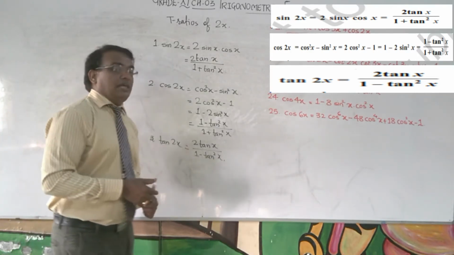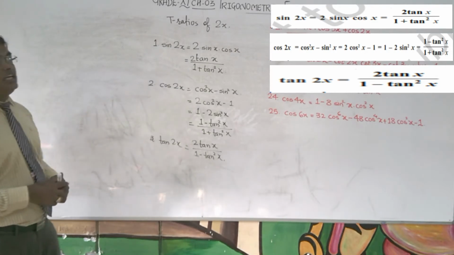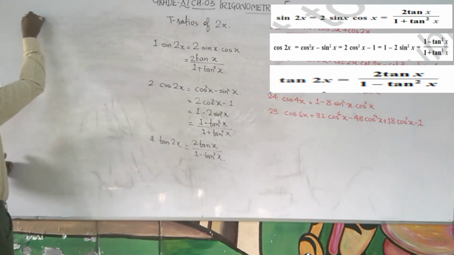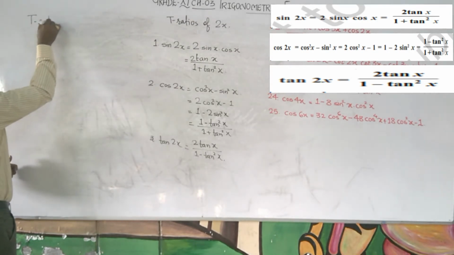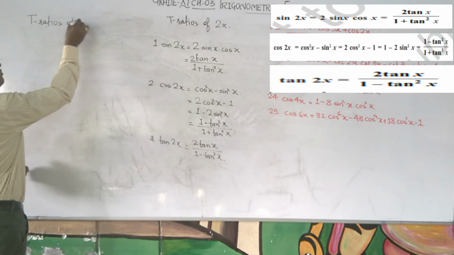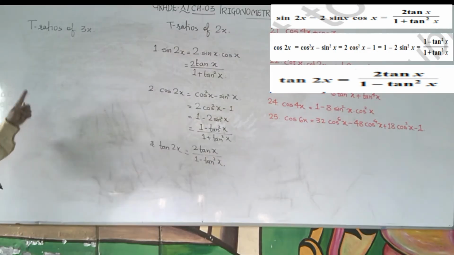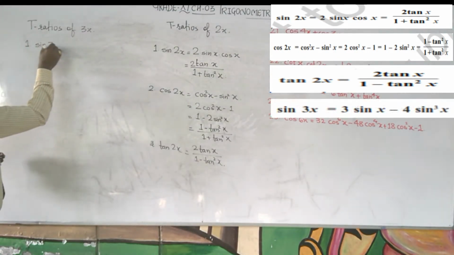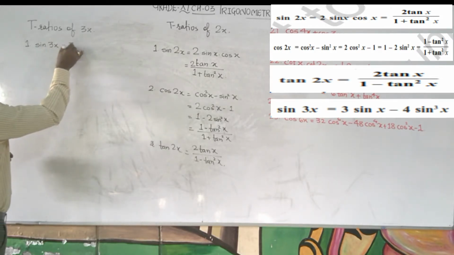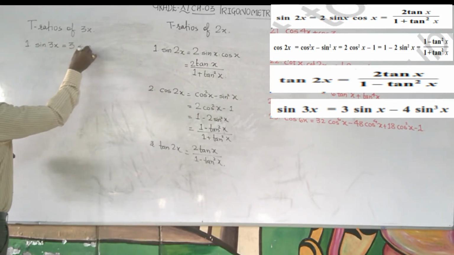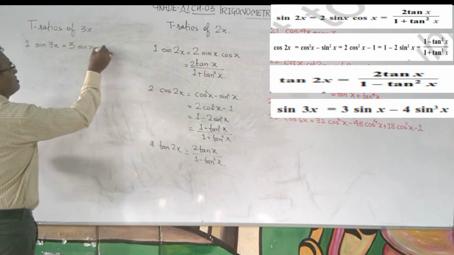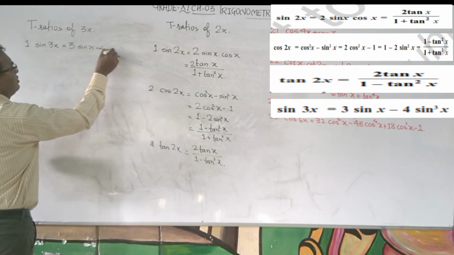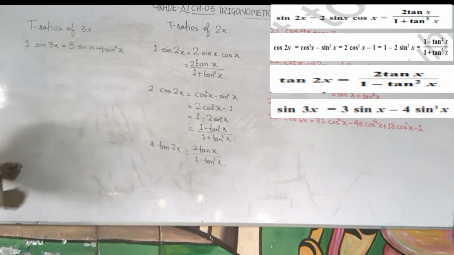Now the next formulas are t ratios of 3x. In this, the first one is sin 3x, which will be equal to 3 sin x minus 4 sin cube x.